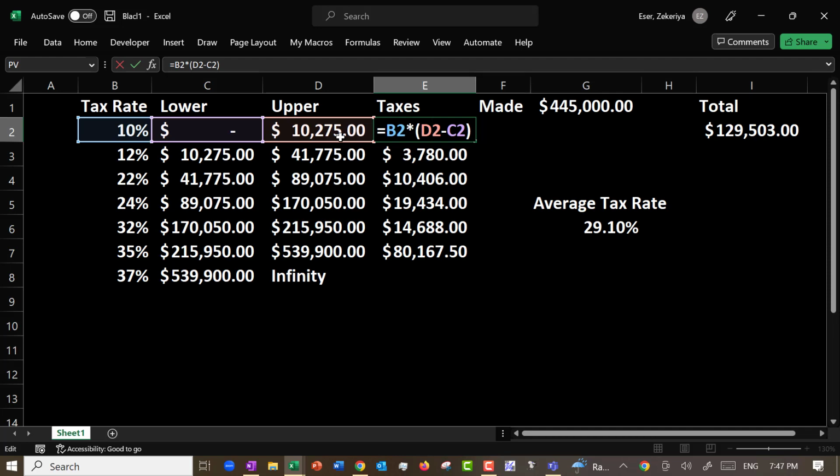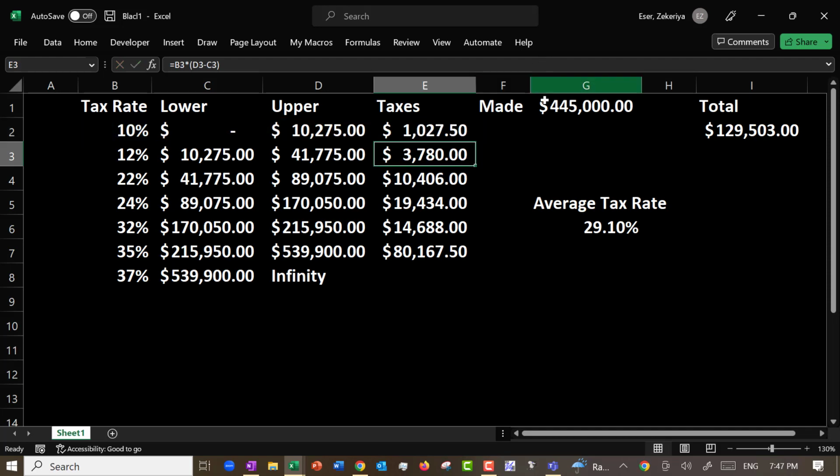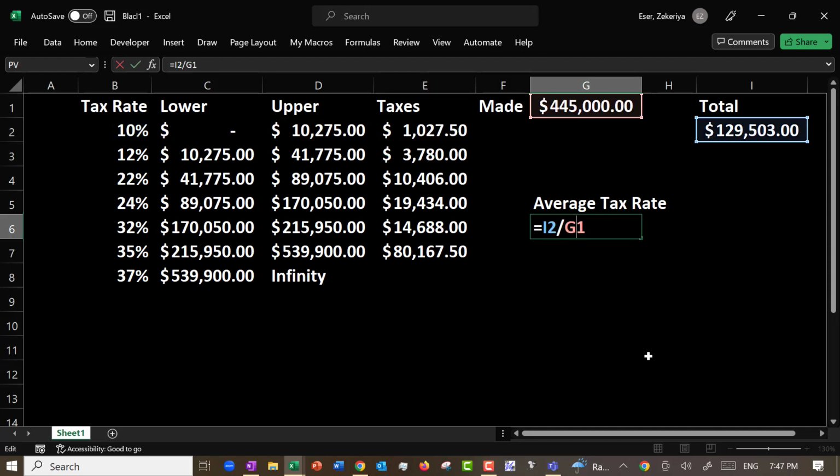Show the formula for the average tax rate. Total taxes divided by taxable income. I'll actually give you guys a template to do that automatically. I don't have that handy right now, but I've done it so that it automatically figures out where it is.